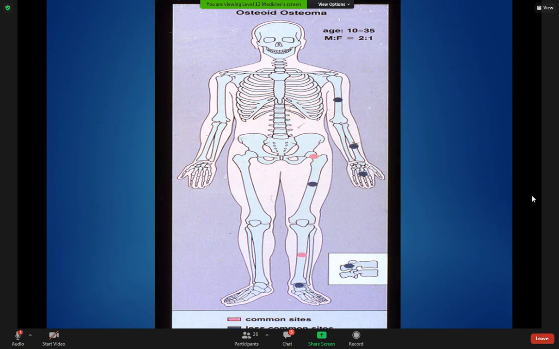If the patient takes that, the pain will go away immediately, and the patient might continue taking that for a few weeks. And this confirms the diagnosis. Once they stop taking the non-steroidal anti-inflammatory, the pain will come back.